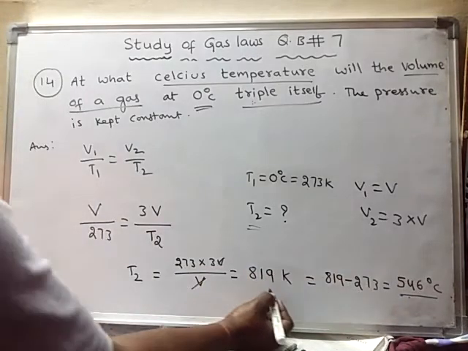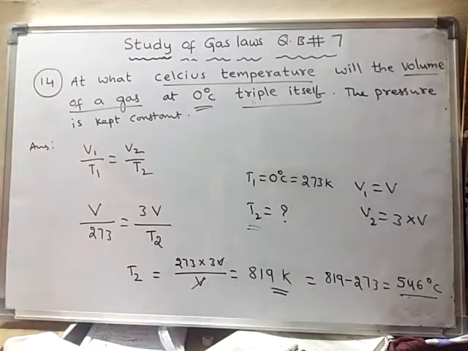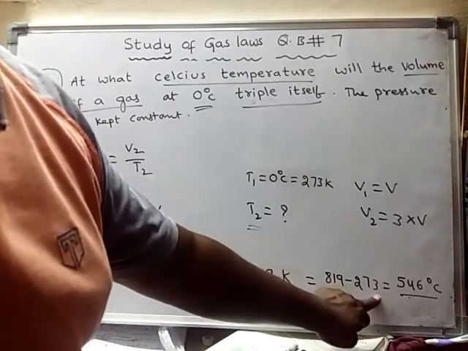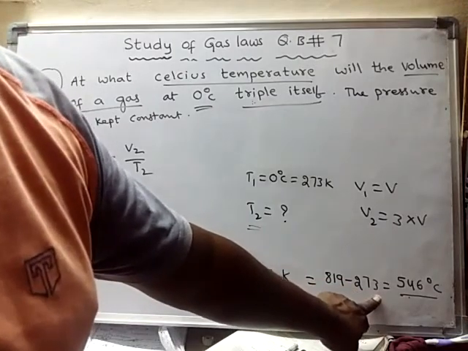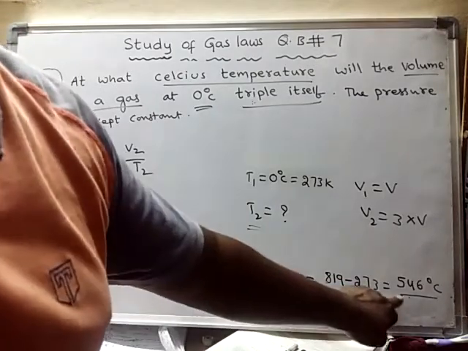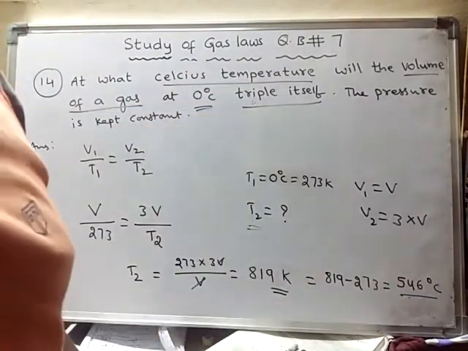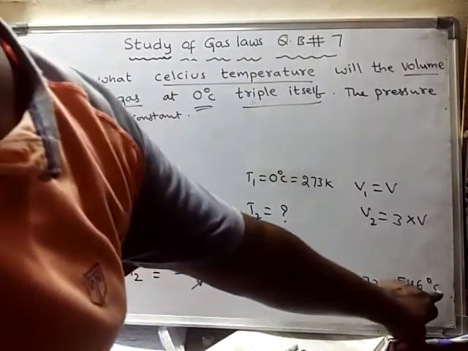So here we should not stop after calculating in the Kelvin scale only. We have to continue this problem further in order to find the temperature in the Celsius scale, that means the centigrade scale.